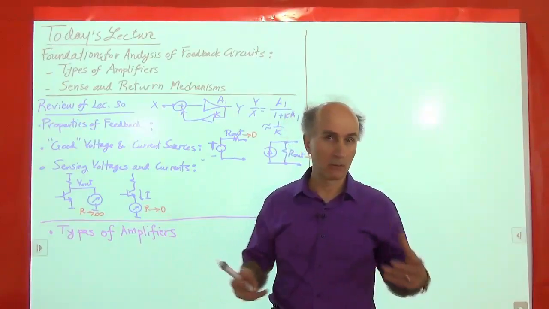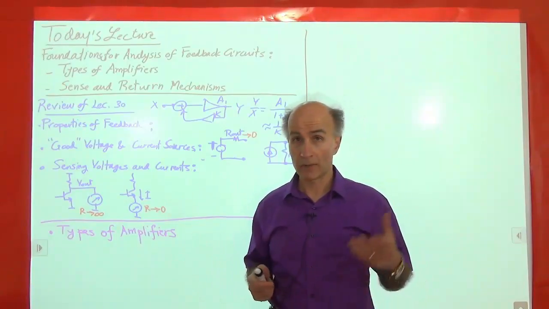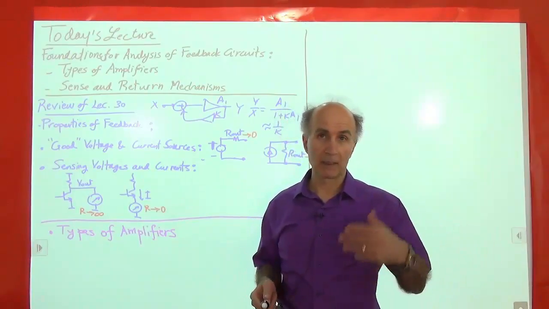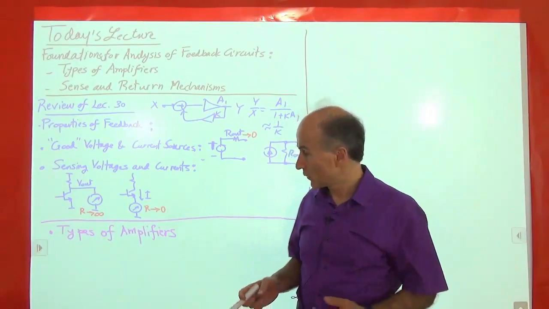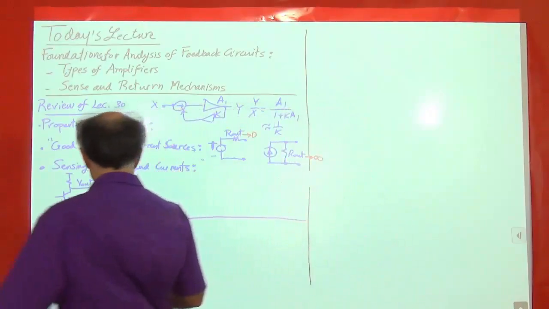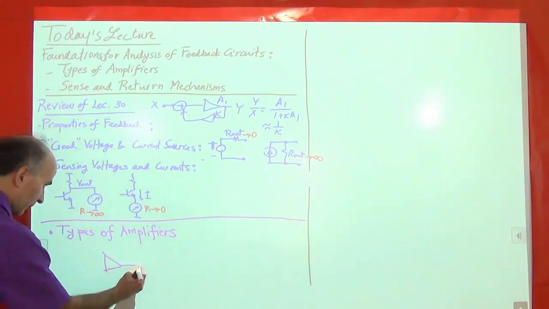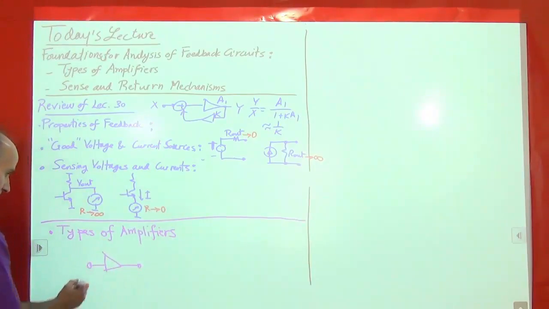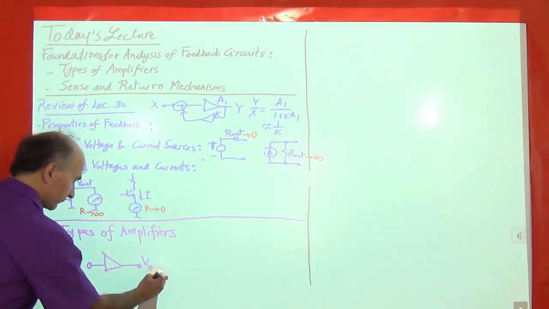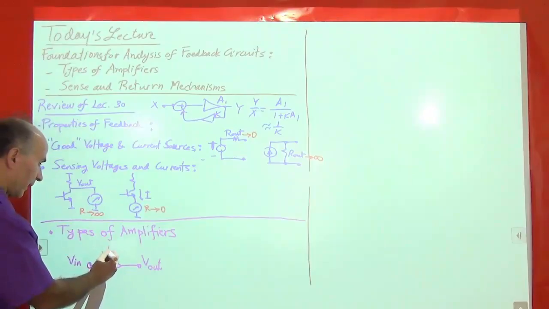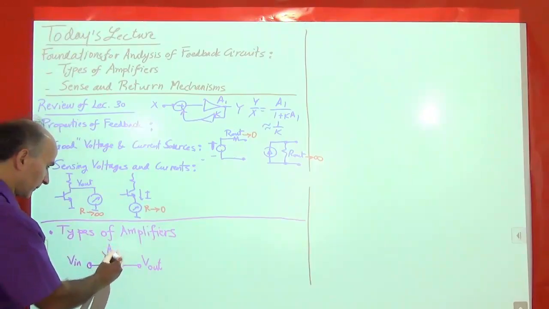That's what we've been mostly familiar with, and it's intuitive. We apply a voltage to the circuit, it amplifies it, and it gives us a voltage, right? So that's one type. So we will call that a voltage amplifier. So here's a notation for it. So V in, V out, and it has some voltage gain, so we call it AV, voltage gain.